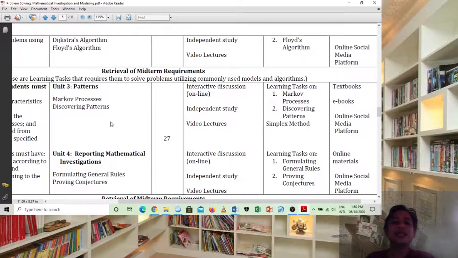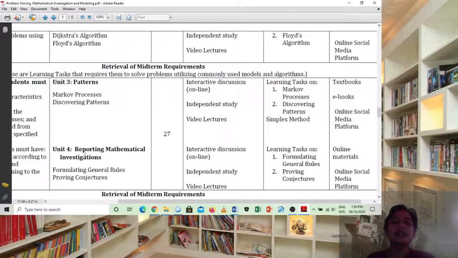And lastly, the last unit, but definitely not the least, would capacitate us to make our own mathematical investigations in the future. Here we would be formulating general rules by observing patterns and then prove that these general rules are true, or if not, we have to disprove. That would be the last unit in this subject.